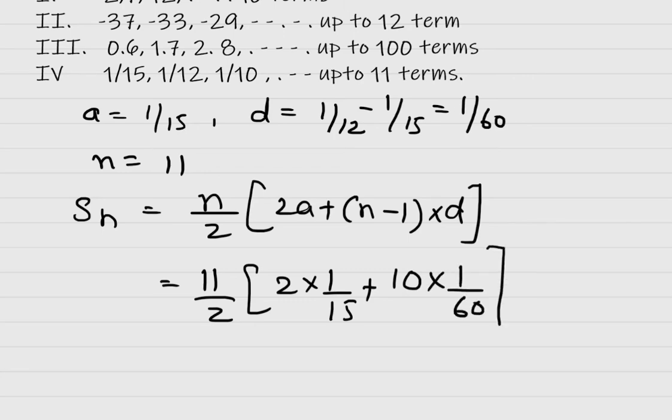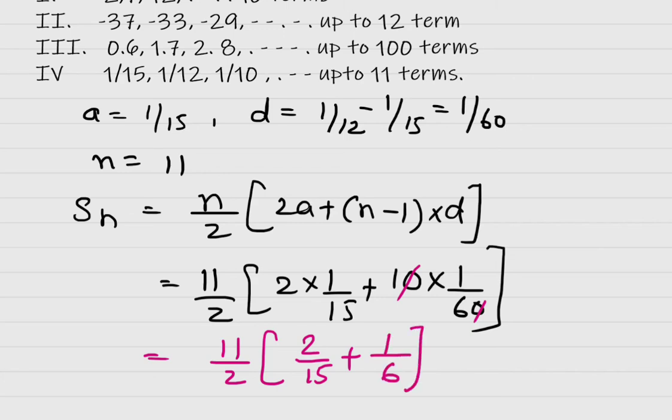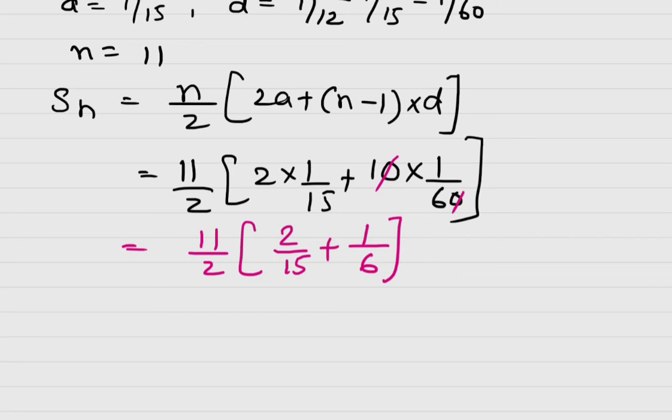Now see what you can do. Here inside, 0 and 0 can be cancelled. So you will be left with 11 by 2 into 2 by 15 plus 1 by 6. So simply find the LCM. What you will get? You will get 11 by 2. Now for the LCM, see, 15 and 6. What is the LCM for 15 and 6? 3 is common to both.